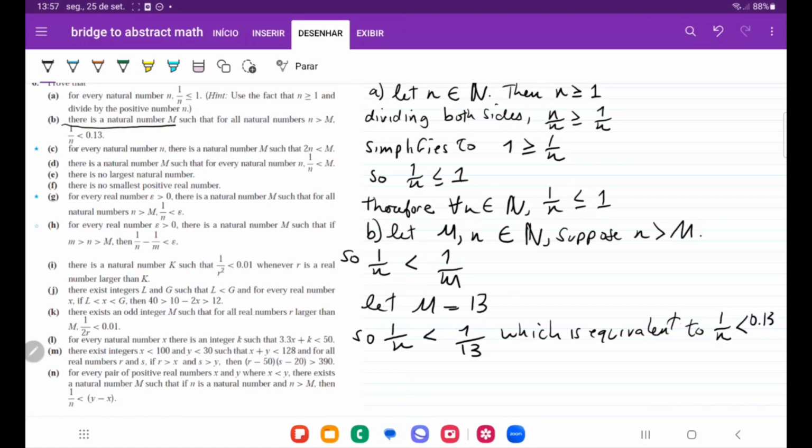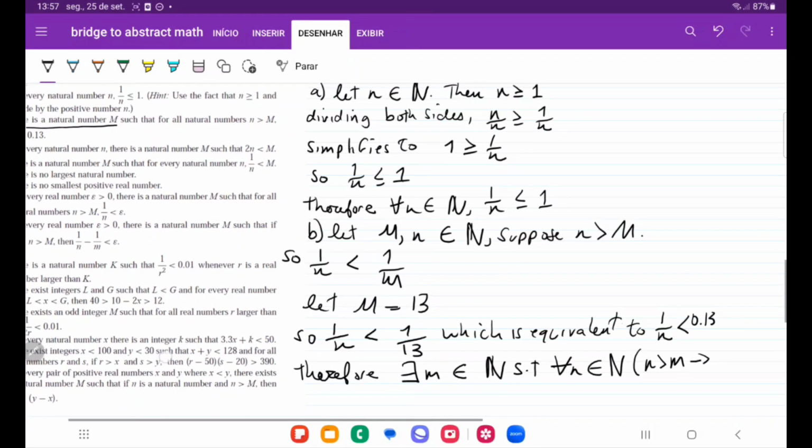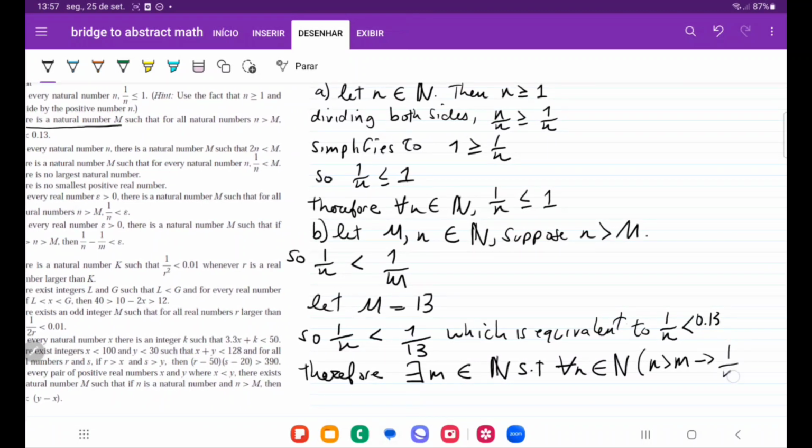So what we've done here is we have said, therefore, there exists an m belonging to the set of natural numbers such that for all n belonging to the natural numbers, if n is greater than m, then 1 over n is less than 0.13.